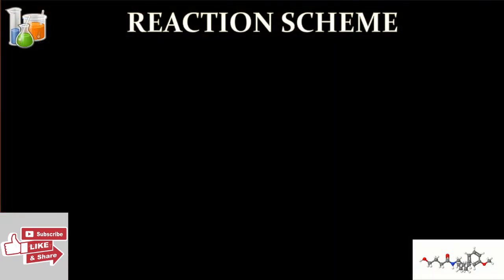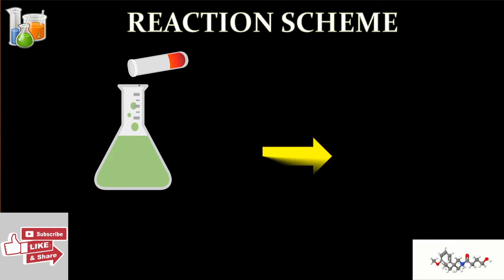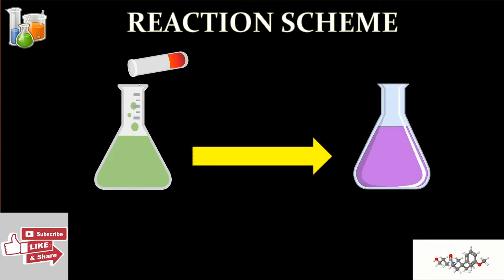So here I'm considering a reaction scheme. Imagine in this conical flask, the green liquid that I have is an organic compound, and to this I am adding another compound, and finally I'm getting another compound.